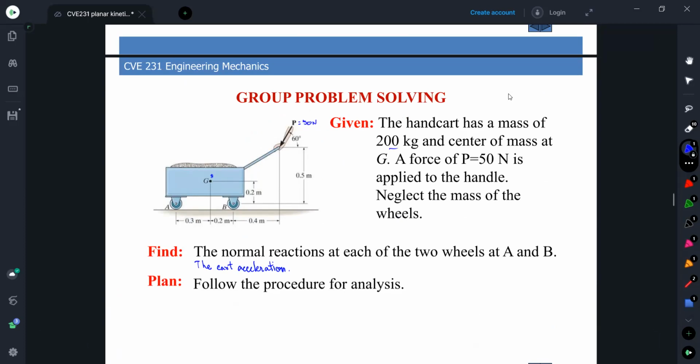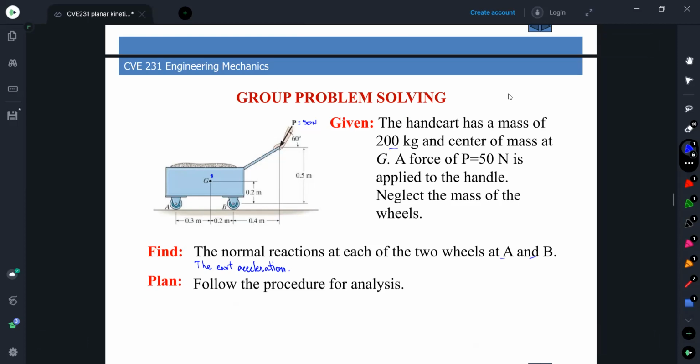We will not consider the mass of the wheels, and we would like to find the normal reaction at each of the two wheels, A and B, and also the acceleration of the cart.